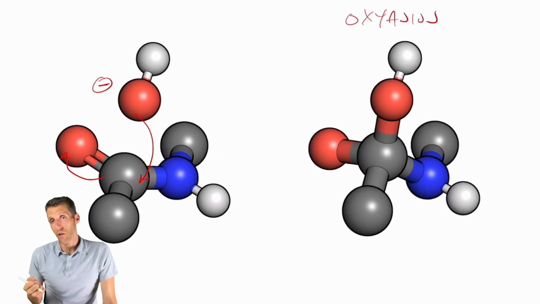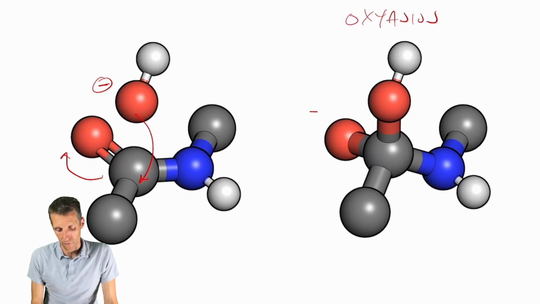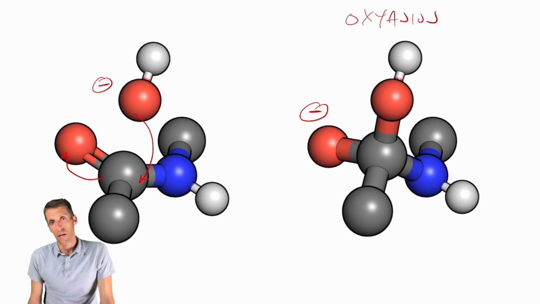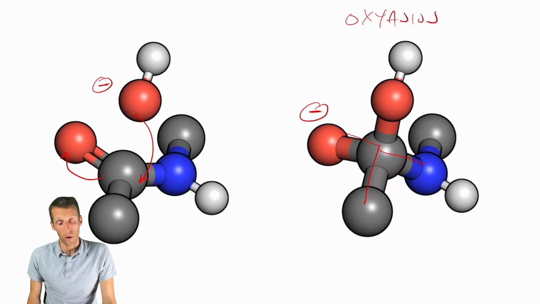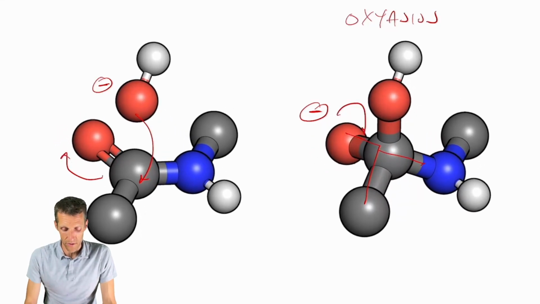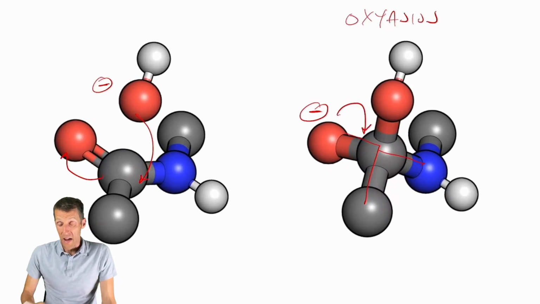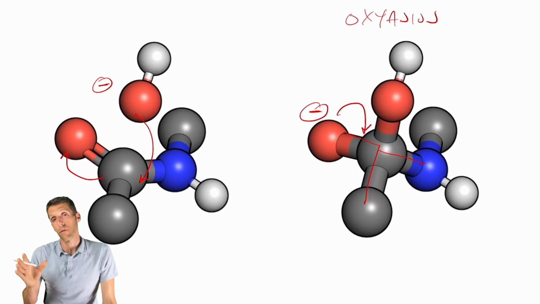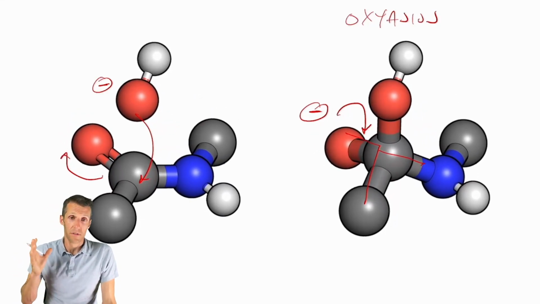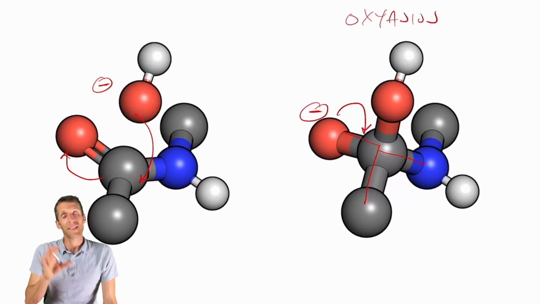This tetrahedral intermediate is in a weird state. We've got a formal negative charge on that oxygen, and it's sitting in this tetrahedral form. It's going to want to go somewhere; these electrons are going to want to come back and reform a double bond, and that's going to have a cascading effect elsewhere. So this is an unstable state of the system.